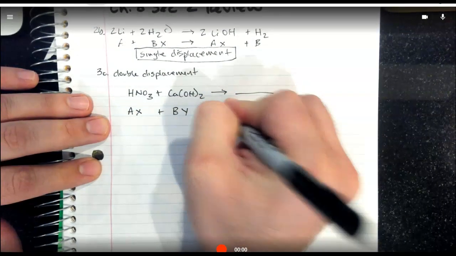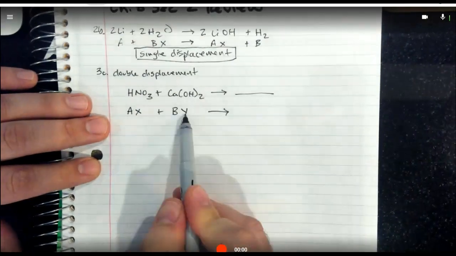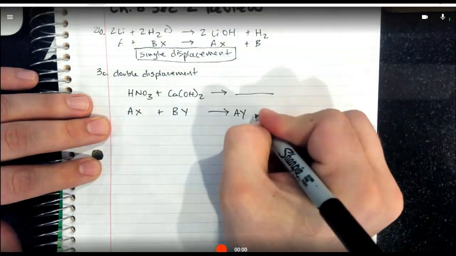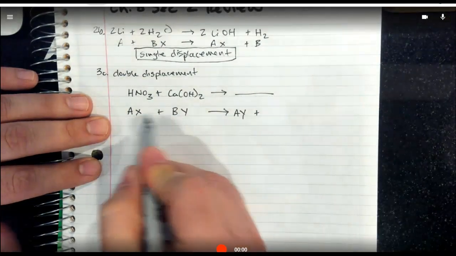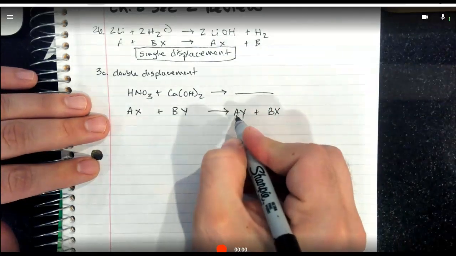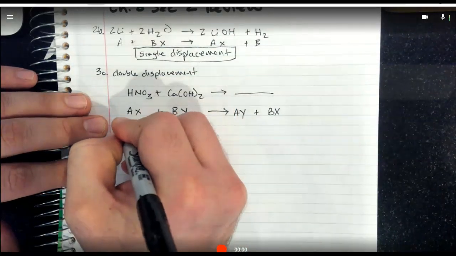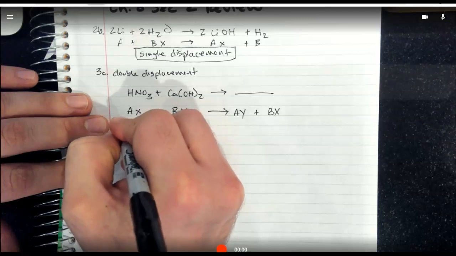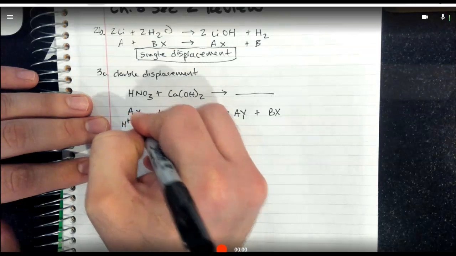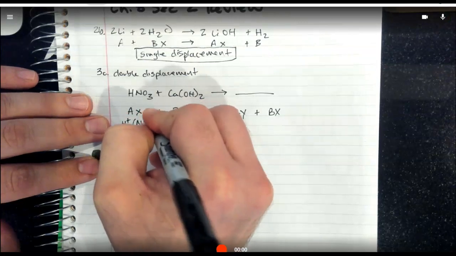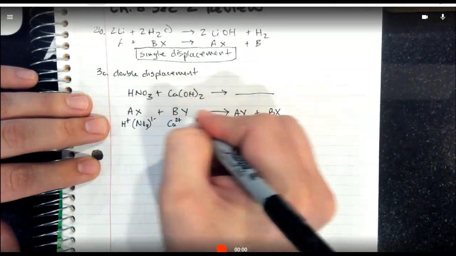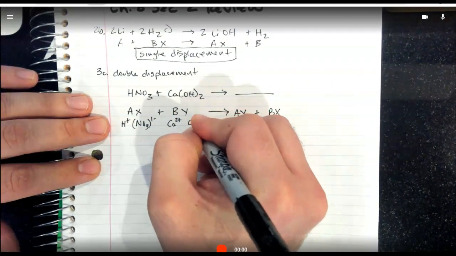And remember, we're going to do outer. So AY, cations are written first, plus BX, the inners. So in this case, we'll go ahead and write this down. A is H plus, X is NO3 1 minus, B is calcium, and Y is OH.